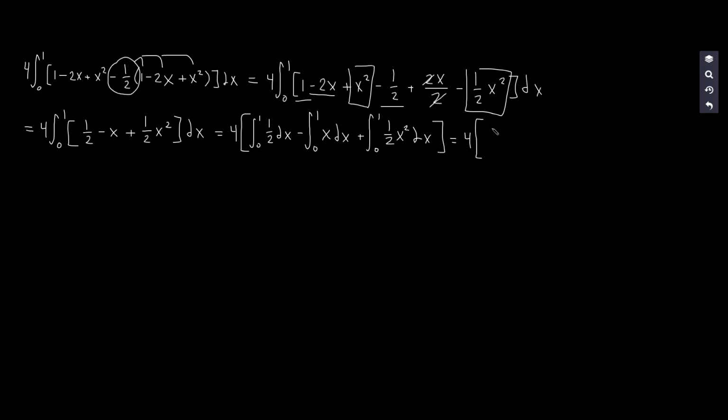This will be 4 times 1/2 x minus x squared over 2 plus 1/2 times x cubed over 3. And then this whole thing gets evaluated from 0 to 1.